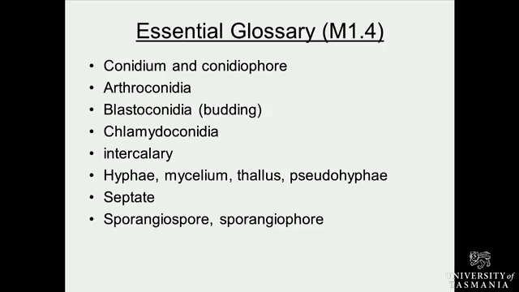They're not involved at all in reproduction, but this term is stuck. They can either be inside the hyphae, and we call them therefore intercalary, interhyphae, or they might be terminal at the end like that. And they're often quite thick-walled.